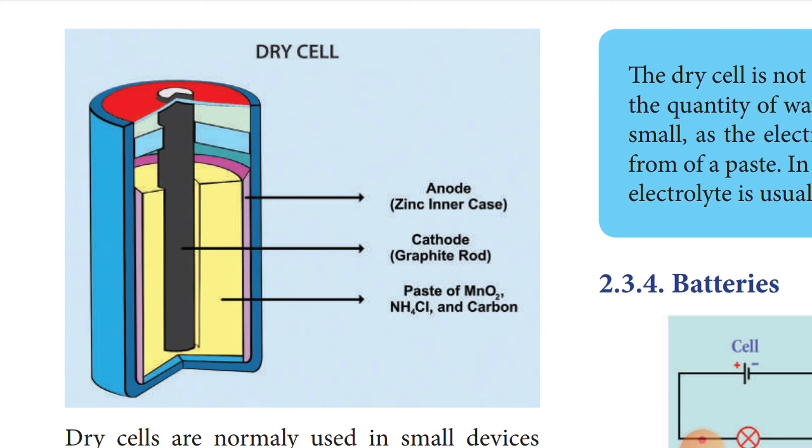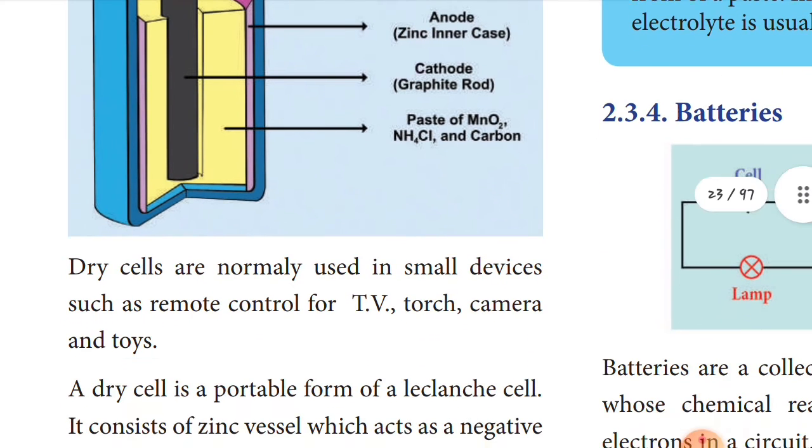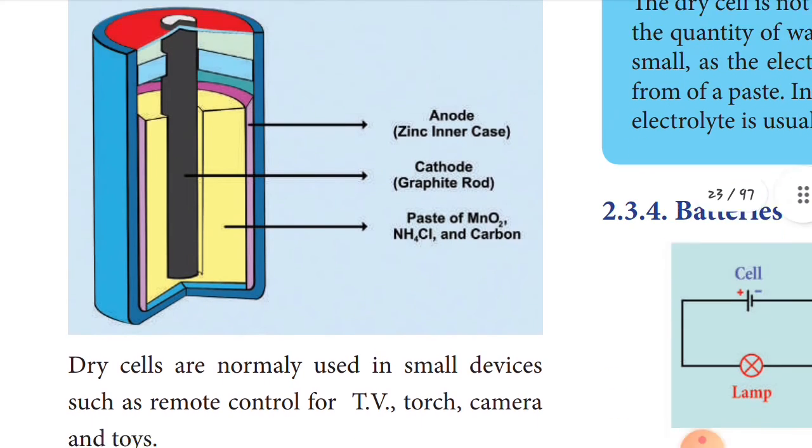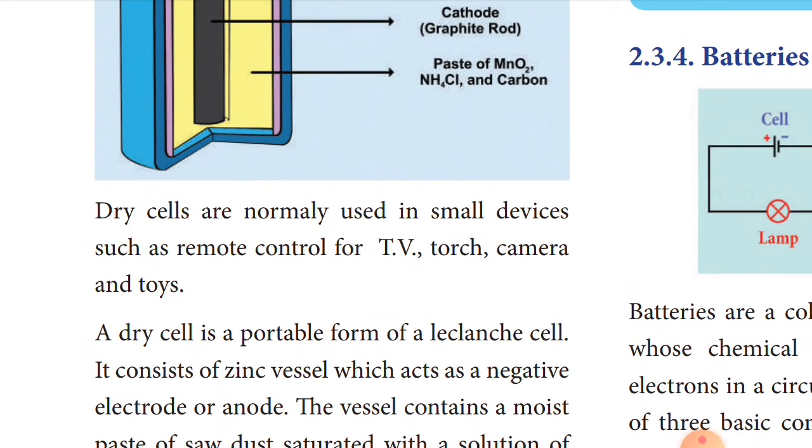You know NH3 is ammonia, NH4 is ammonium. Ammonium chloride and carbon are mixed in solution here. Dry cells are normally used in small devices such as remote control, TV, torch, camera, and toys. These are the best examples of dry cells.